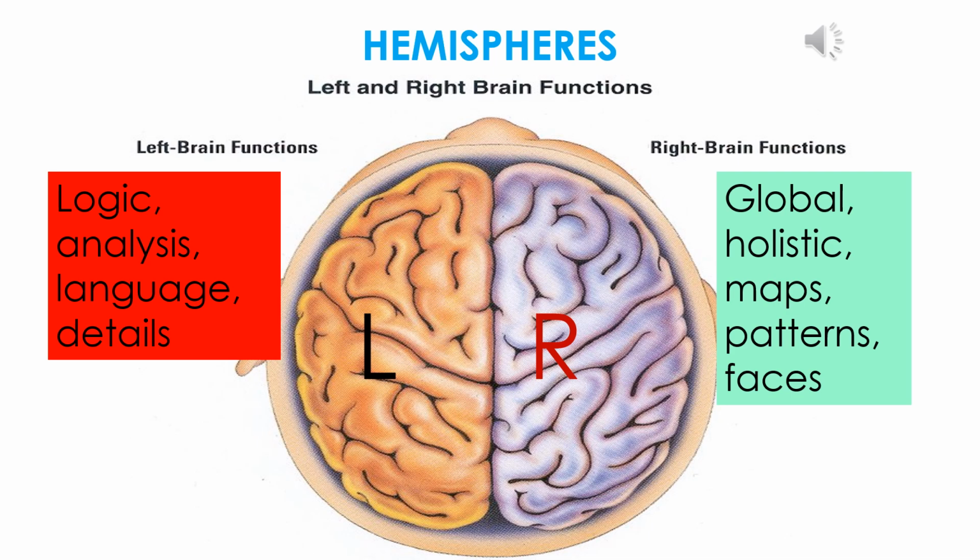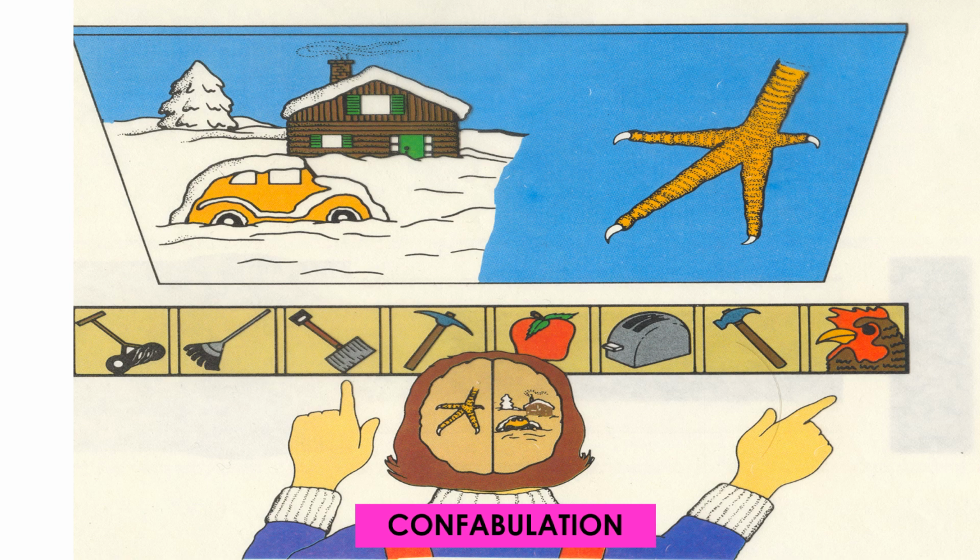Right hemispheres tend to be a little bit better at global tasks, at holistic concepts, at maps and patterns and faces, for example. Maybe the differences aren't great, but they are there. The left hemisphere seems to be specialized for certain things, right hemisphere specialized for other things.